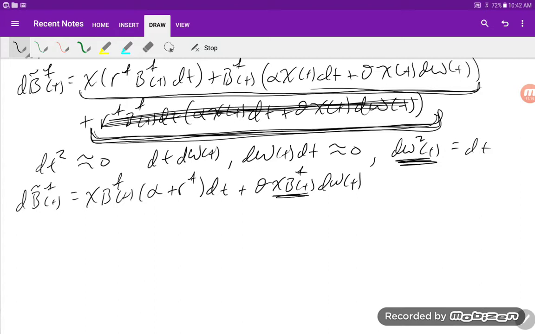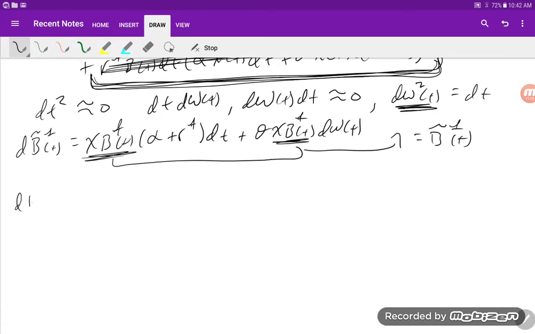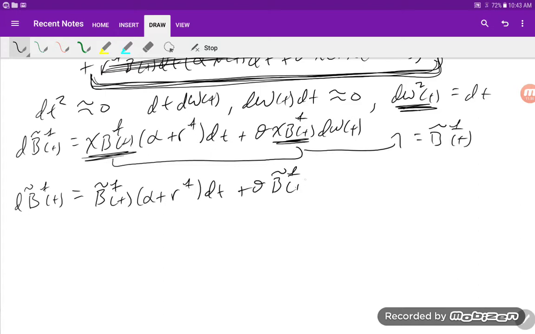Now recall that we define this as the b tilde process itself, so I'm finally going to rewrite this as d b tilde f is equal to b tilde f times alpha plus rf dt plus sigma b tilde f t dwt. Alright, so that's another important differential process that we need.